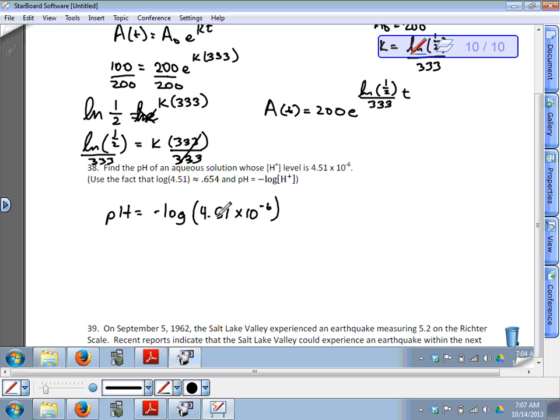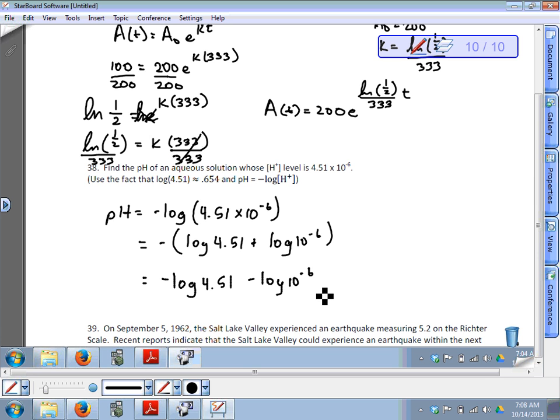So if we wanted to expand this into separate logarithms using the product property, this is going to be negative, log 4.51 plus log of 10 to the negative 6. If we distribute the minus sign now, we get negative log 4.51 minus log 10 to the negative 6.